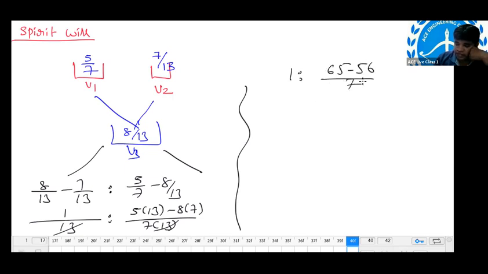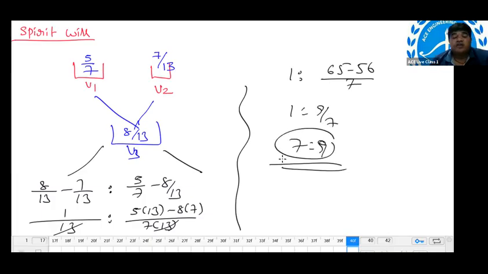That is 9. So 1 is to 9/7. That is equal to 7:9. 7:9 is the answer. So vessel 1 you take 7 vessels, vessel 2 you take 9 vessels. After mixing the result is 16 vessels. In the 16 vessels mixture, the big vessel contains spirit and water 8:5. That is the answer.